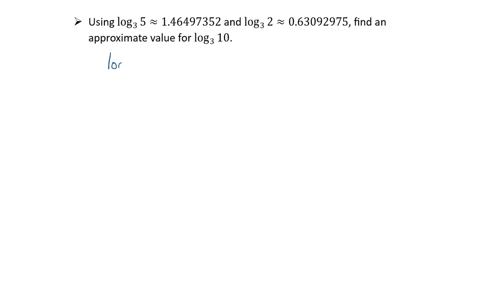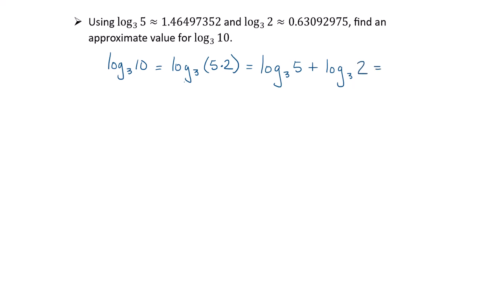I know that the log base 3 of 10 is equal to the log base 3 of 5 times 2. My product property says that this is equal to the log base 3 of 5 plus the log base 3 of 2. Now I can put each of these quantities into my calculator and add them to get my approximate value for the log base 3 of 10.